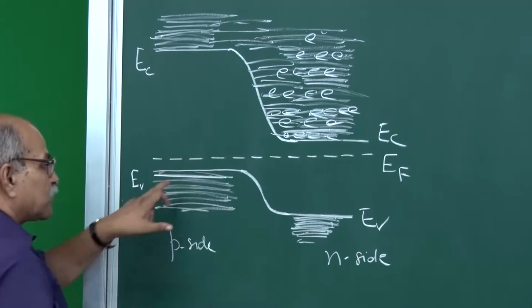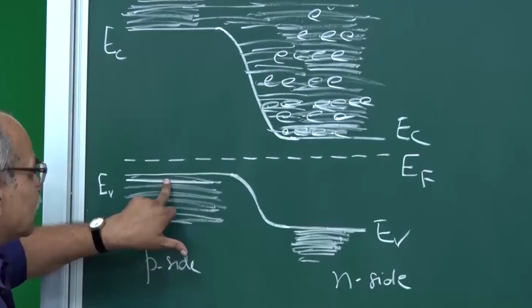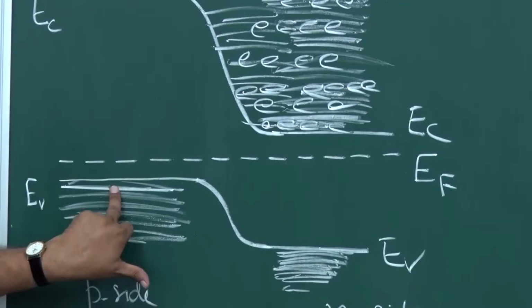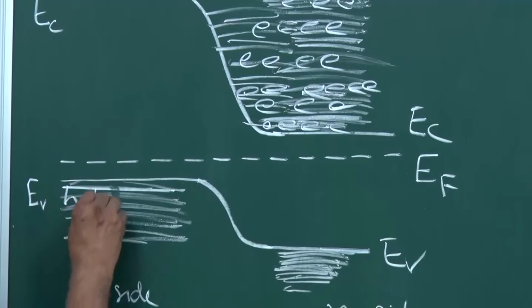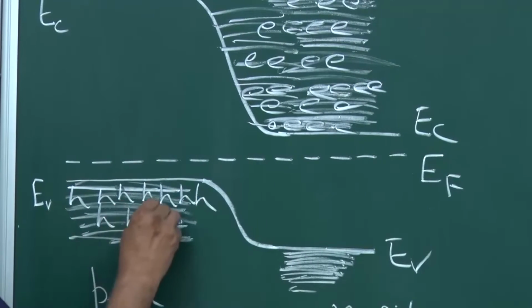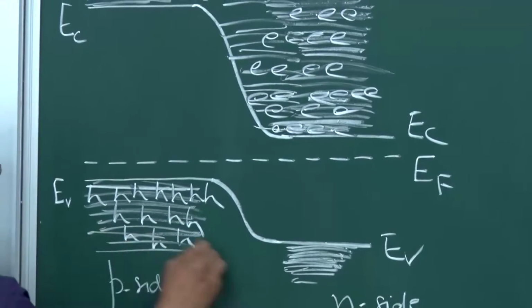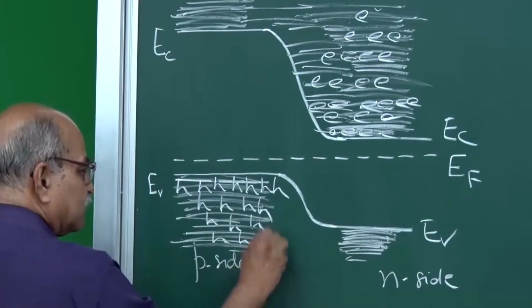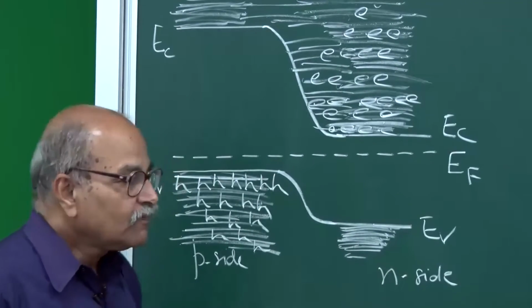So, you look for the probability of not occupying this particular quantum state, 1 minus Fe. That gives you the probability of a hole being there in the valence band. And once again you have a large number of holes here, and as you go down in energy, this will exponentially decrease, and these quantum states will have fewer and fewer holes. So, all these things we discussed.